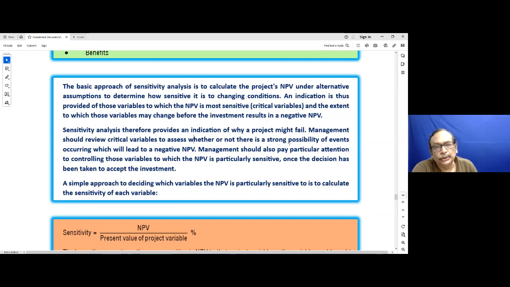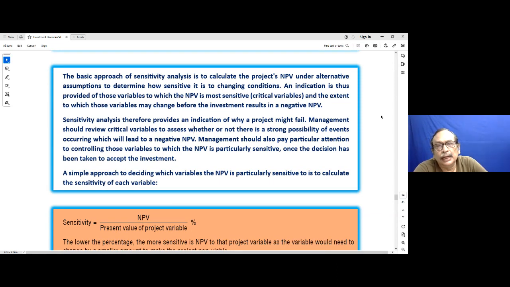The basic approach of sensitivity analysis is to calculate the project's NPV under alternative assumptions to determine how sensitive it is to changing conditions. An indication is thus provided of those variables to which the NPV is more sensitive, that is, critical variables, and the extent to which those variables may change before the investment results in a negative NPV.